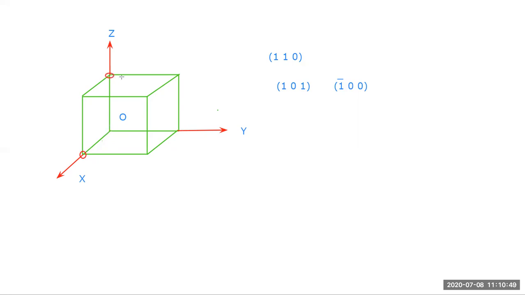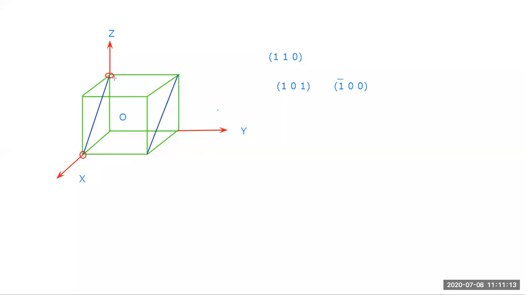So join these 2 points with a line. Then the same line you have to draw parallel in the opposite plane. So the opposite plane is this one, and the same line you have to draw in the opposite plane.